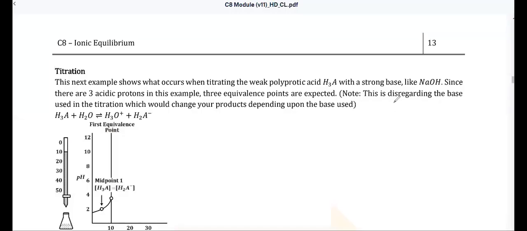There are two topics which are left, titration and indicators. I will complete these along with redox.